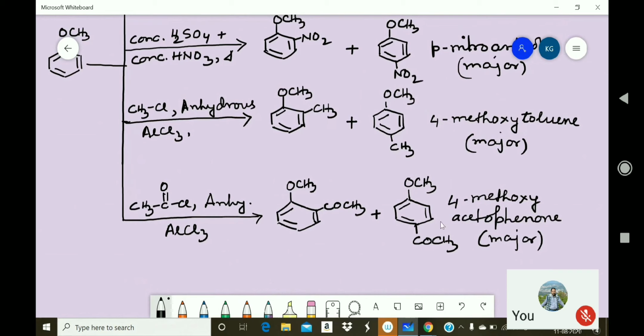Likewise, here 4-methoxyacetophenone, when acetylation of anisole takes place, becomes the major product. So these are the different properties of ethers. Thank you.